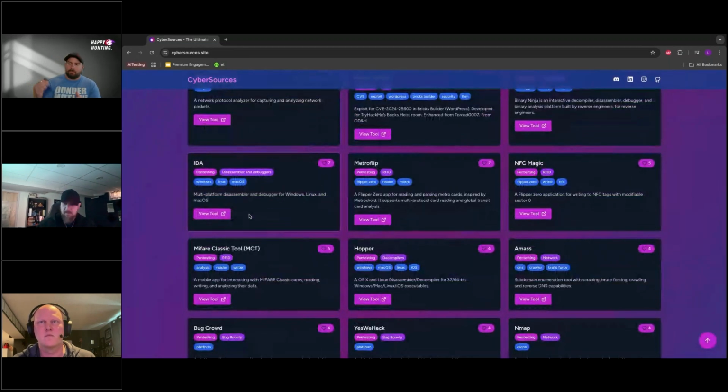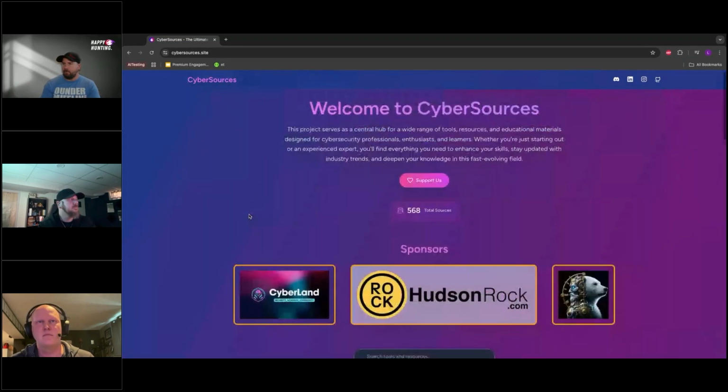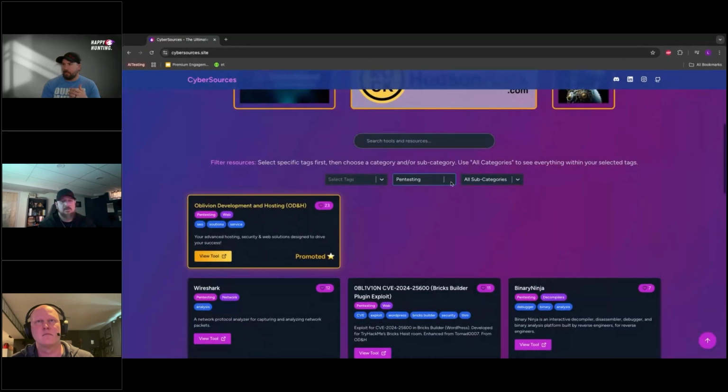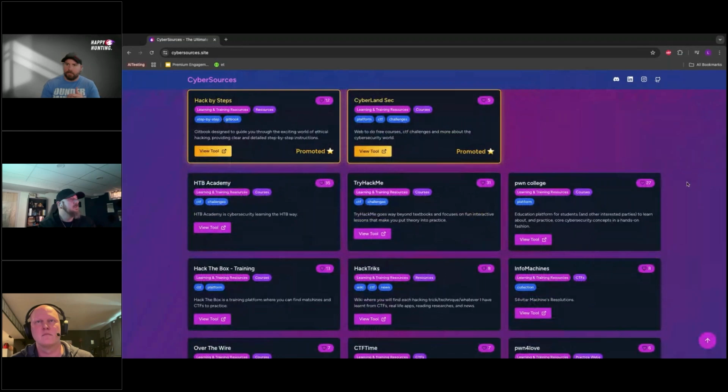Going through these, it's really cool. I didn't do a deep dive, but I looked at the tools, thinking about how I've used them in the past and things I haven't used. I really appreciate the collection that they put together. I think they say they're a central hub for a wide range of tools, resources, and education materials. What I really like is the learning and training resources. Granted, there are some here that you have to pay for, like Hack the Box, Try Hack Me, and so on.